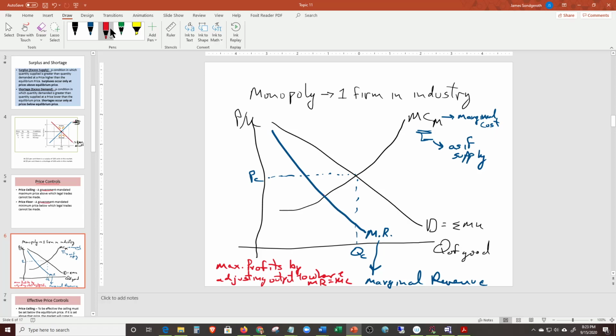So the monopolist, if it did that, would maximize profits by producing at Q sub M, and it would sell that output at this price right here.